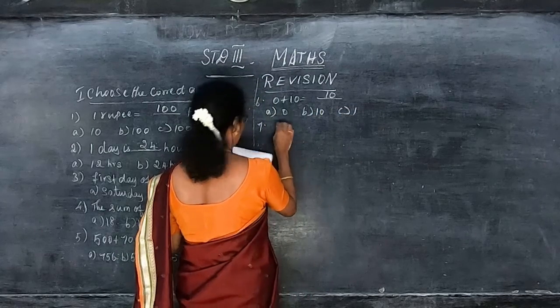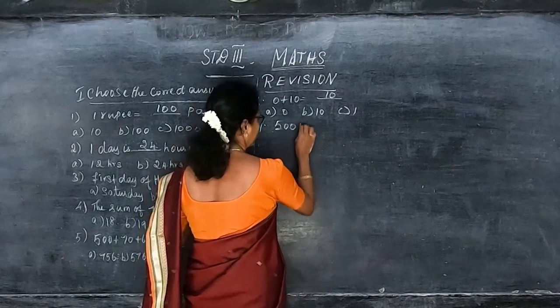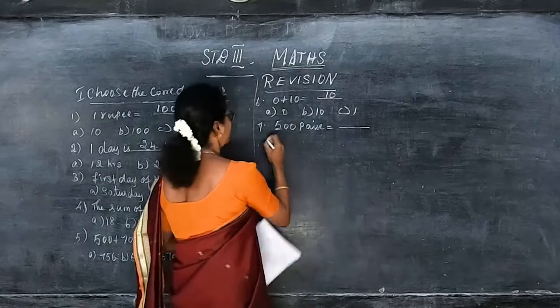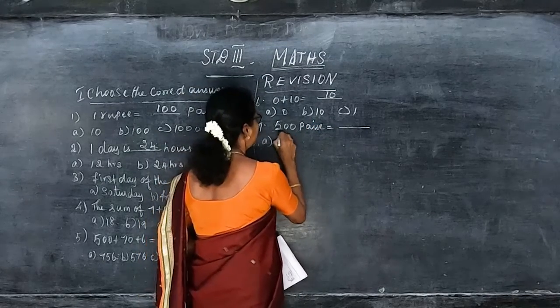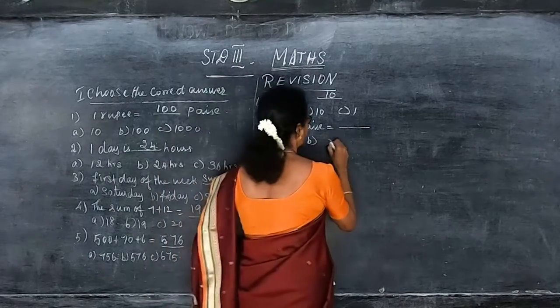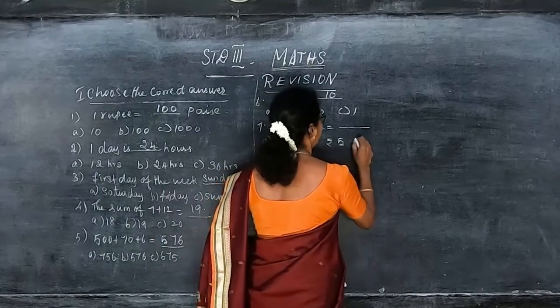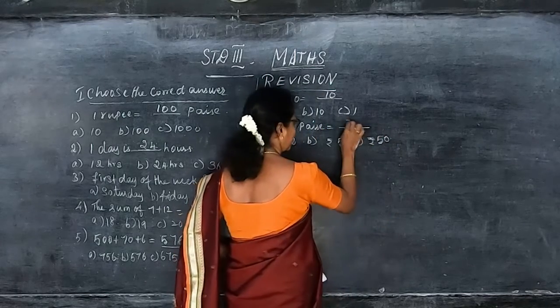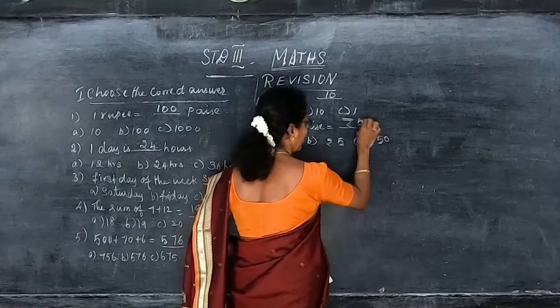Seventh one, 500 paise is equal to dash. A is rupees 2, B is rupees 5 and C is rupees 50. So 500 paise is equal to rupees 5.